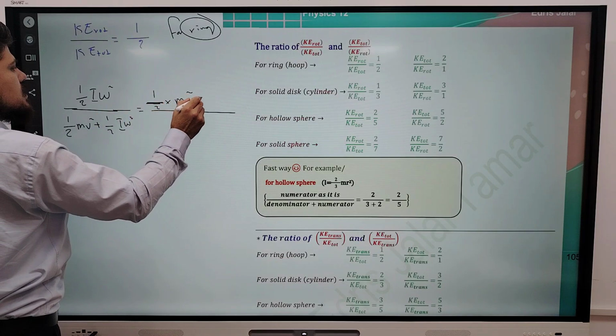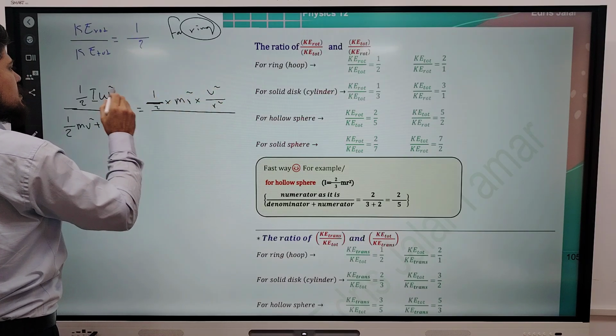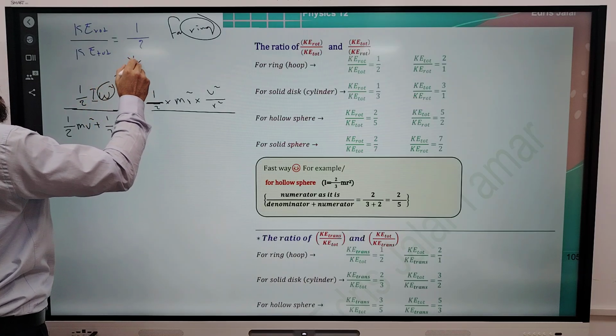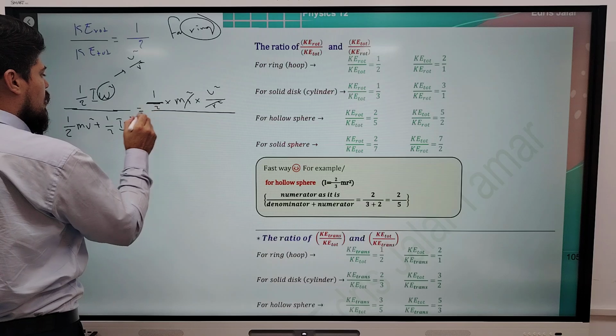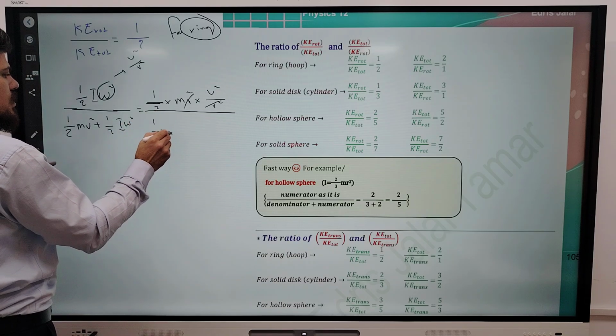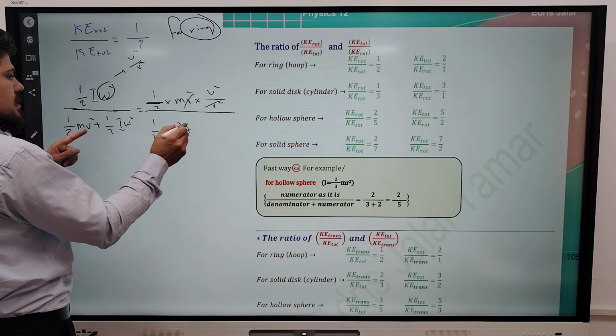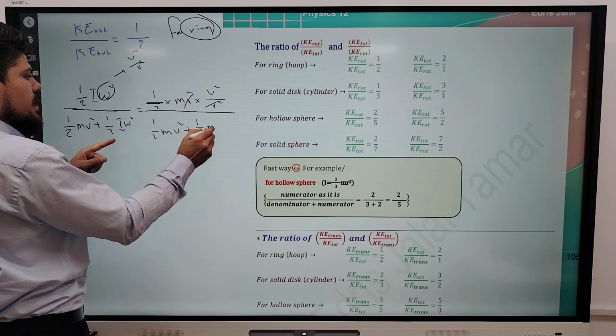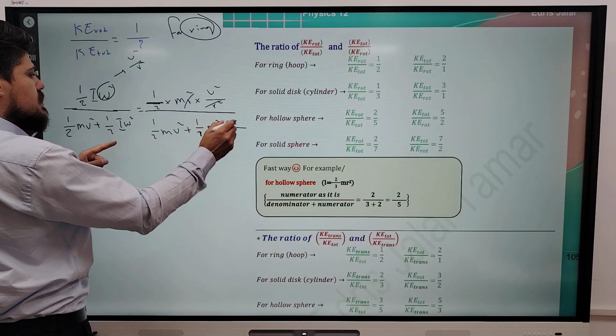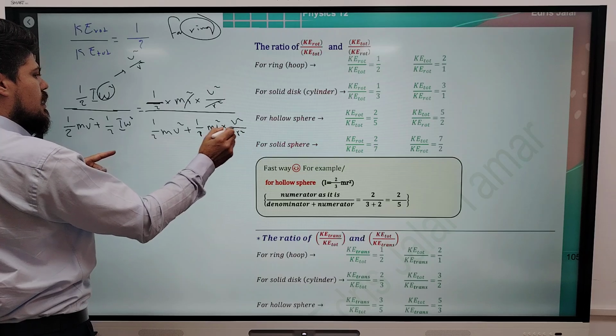M R squared, times v squared over R squared, because omega is equal to v over R. R with R cancel, over 1 over 2 m v squared plus the same thing, 1 over 2 I for a ring, which is equal to m R squared, omega squared is equal to v squared over R squared.